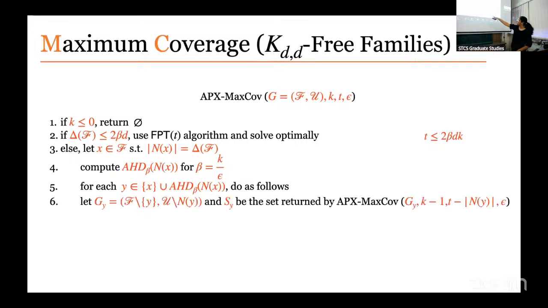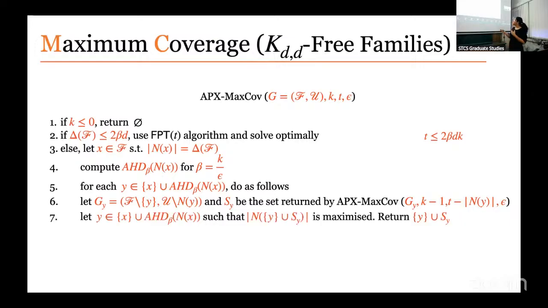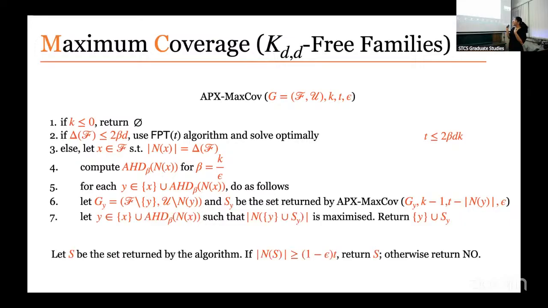You delete this vertex, and when you delete it you also delete its neighborhood from the graph, and you just recurse. Whatever gives you the maximum, you return, and at the end you check if something is giving you 1 minus epsilon by c, epsilon into t. So let's see why it is correct.